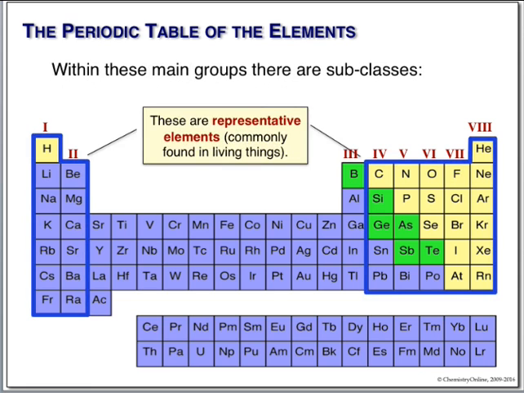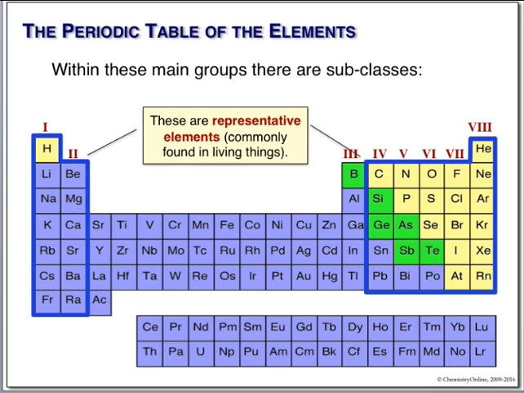Within the periodic table, sometimes if you are reading, you will hear words used. I typically won't use these, but just in case you come across them in a book or something, these things on the ends, our bookends, are typically called the representative elements.